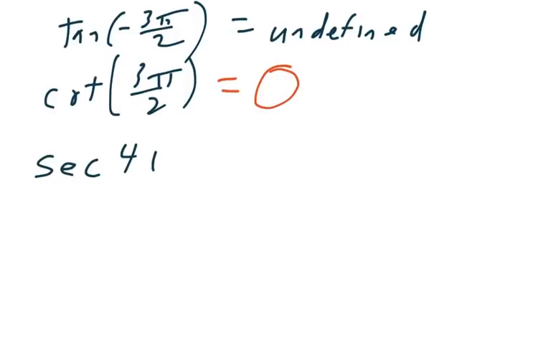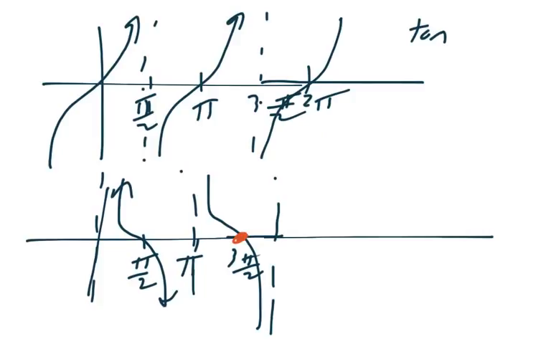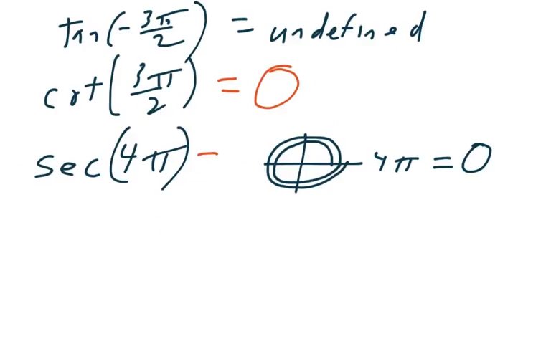What about the secant of 4 pi? Well, looking at this, 4 pi, that's 2 pi, that's 4 pi, so this is going to be the same thing as the secant of 0. Go back and look at our secant graph. The secant of 0 is right there, which is 1. So the secant of 4 pi is 1.